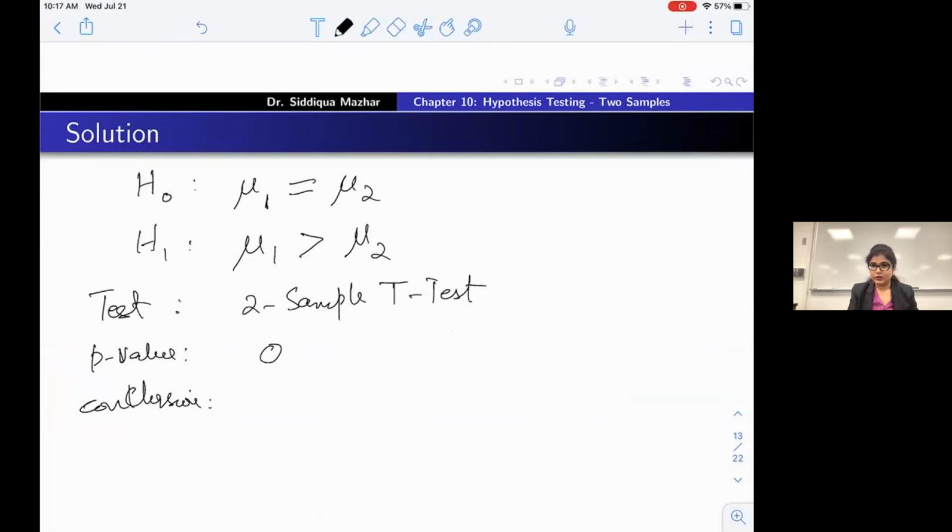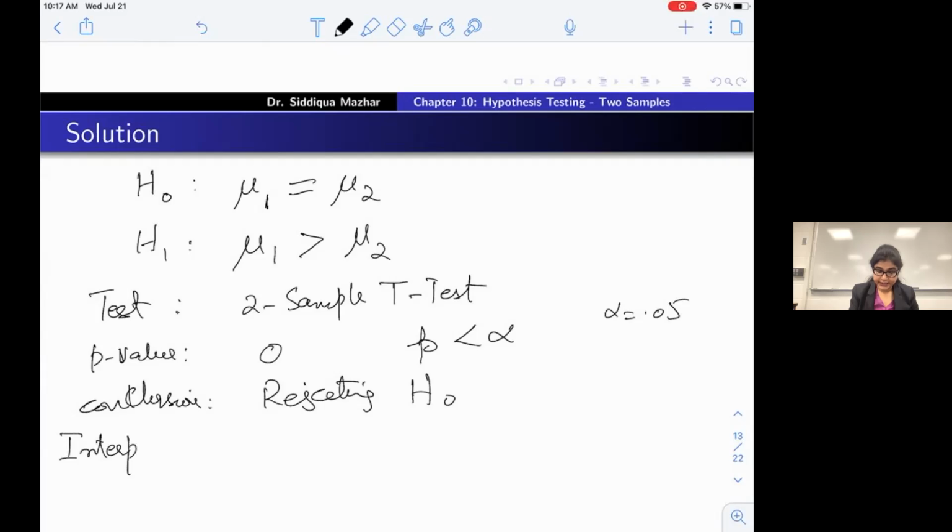The p-value is 0, so this value is less than alpha, because alpha is equal to 0.05. So the alpha value is bigger. If the p-value is less than alpha, this means the conclusion is that I am rejecting the null hypothesis. So what is my interpretation?